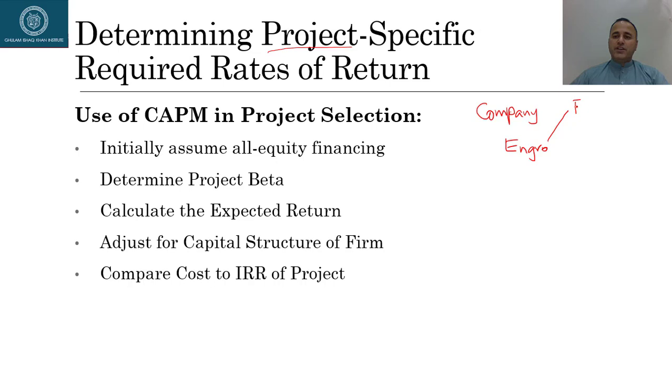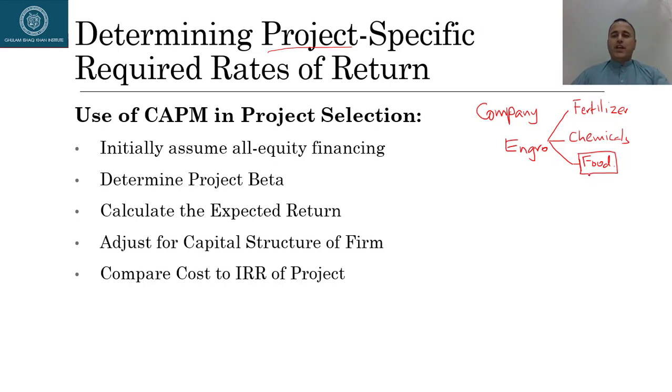For example, they are in fertilizer, they're also in chemicals, and they are also doing a very good business in food. At one point in time, Engro was considering introducing a different line of business, which is in food. So the question that the Engro management might have faced was, which WACC should they use for evaluating this project? Should they use the company WACC, or should they use a different WACC?